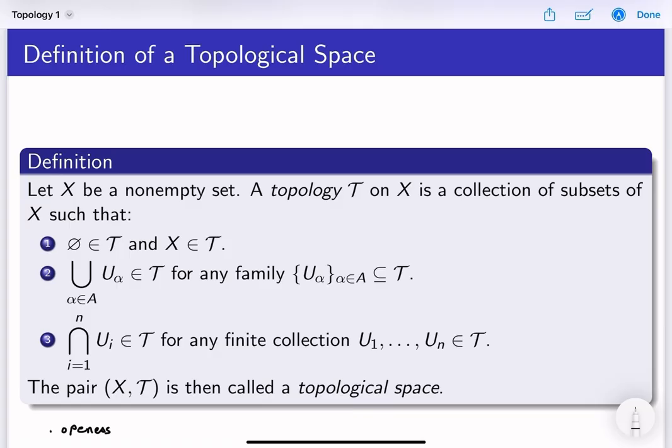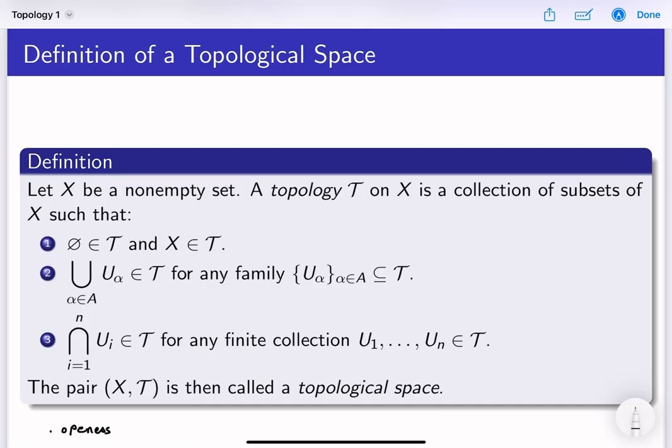Once we define what it means for a set to be open, we can get all of these notions of limit, convergence, continuity, and so on and so forth. So our first target is to define what's so-called topological space.